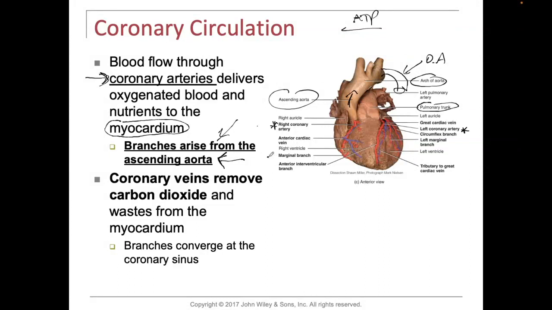There's a marginal branch, which is important. The marginal branch comes down like this, goes down to the apex of the heart. Off of the left coronary, there's an important blood vessel called the circumflex branch, and the left marginal branch.